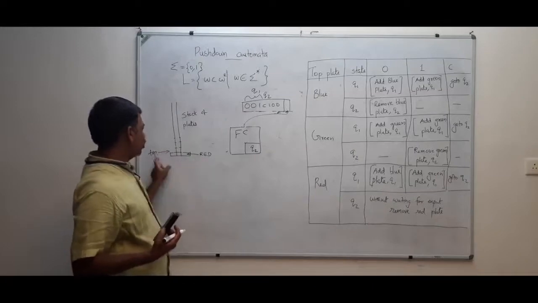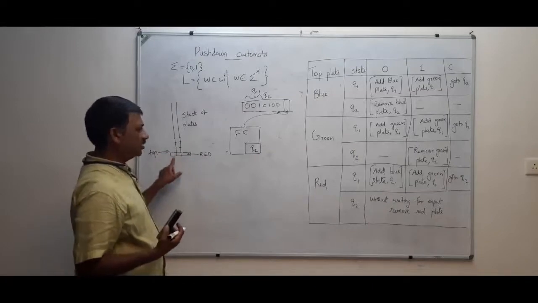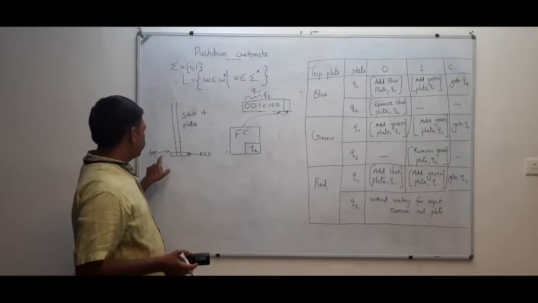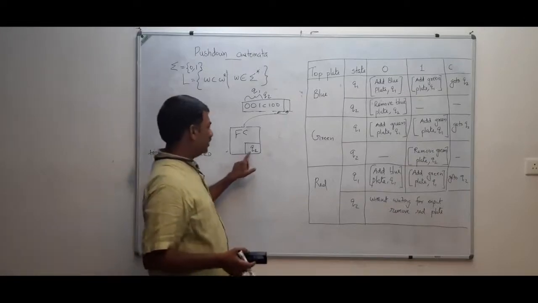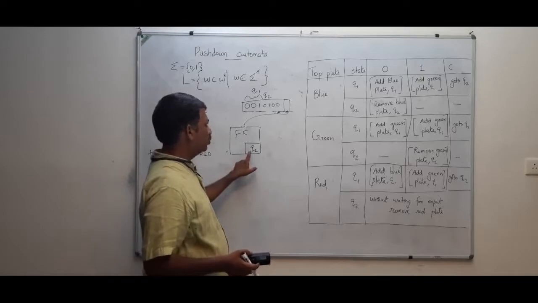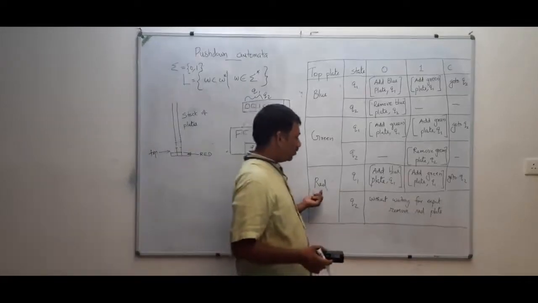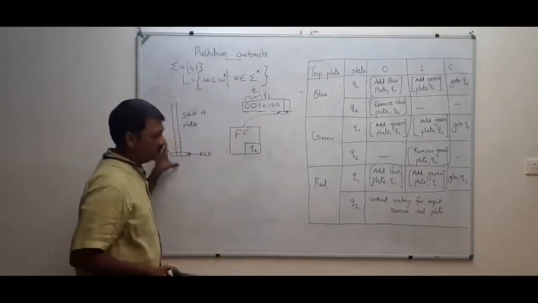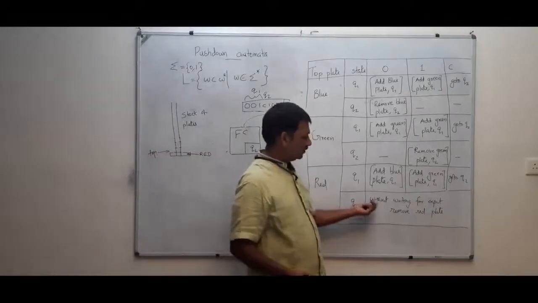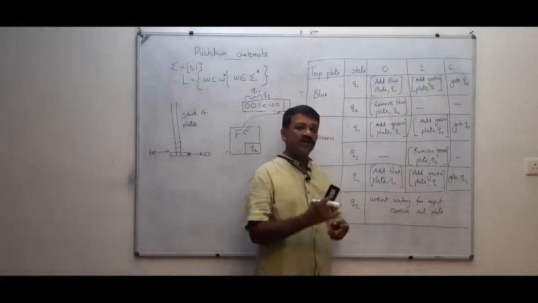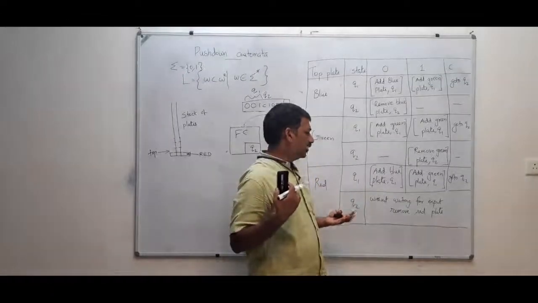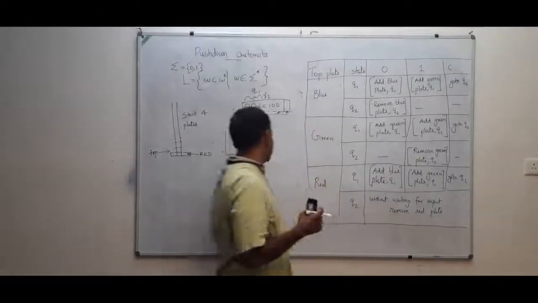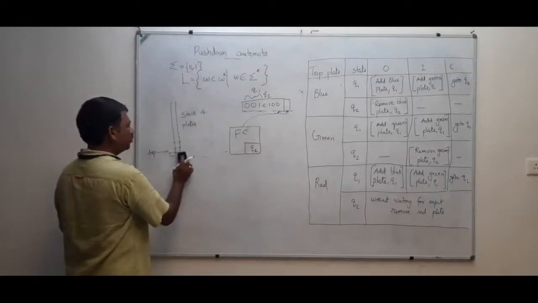Now the top of the stack has red. If the finite control is in state Q2, then red on Q2 means, without waiting for input, since no more inputs are allowed, remove the red plate.